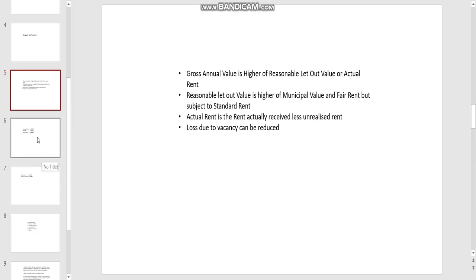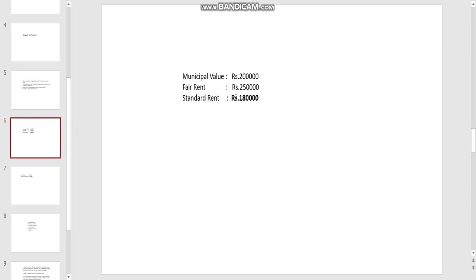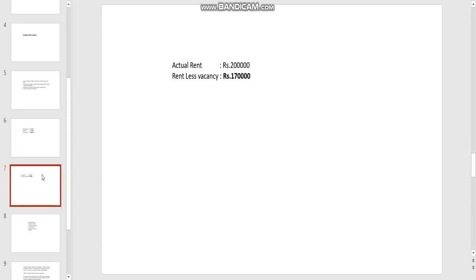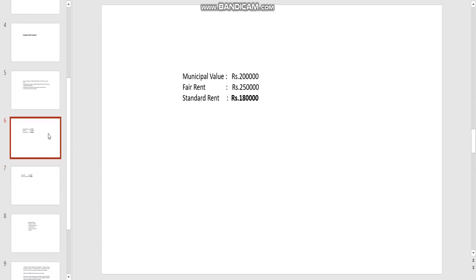In the previous example, the standard rent, that is reasonable rent, came to 1 lakh 80,000. Now suppose the actual rent is 2 lakh, but because of vacancy he has received only 1 lakh 70,000. So actual rent in itself is higher than the standard rent, the reasonable rent.